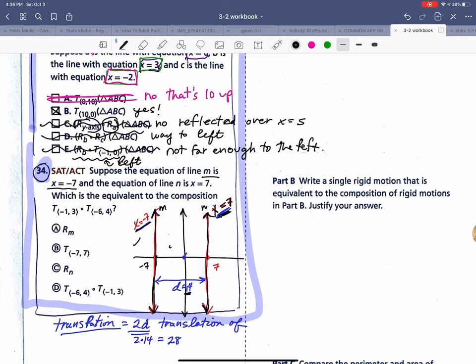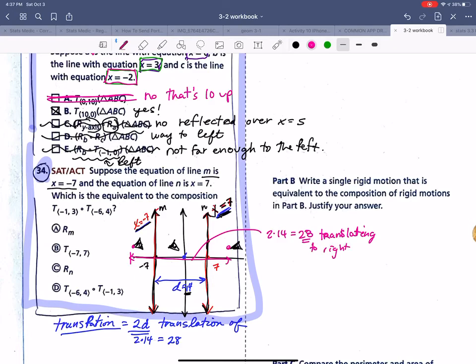So if we had kind of a triangle here and we reflected it over this line, and then we have a triangle and then we flip it again over this line, it probably would land somewhere right around here. And we were able to figure out that the distance between these would have happened to be 2 times 14, or it would have been the same as translating it 28 units to the right.